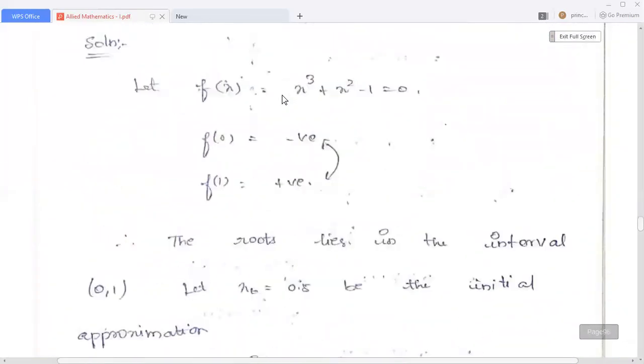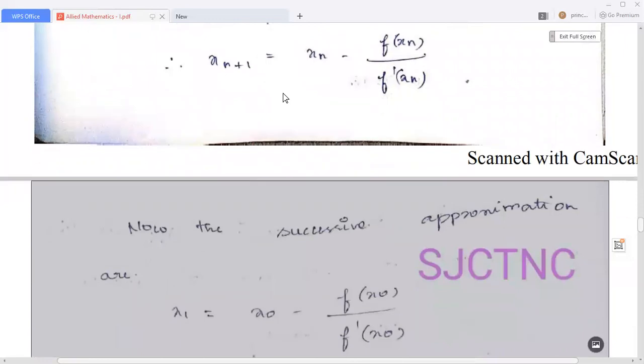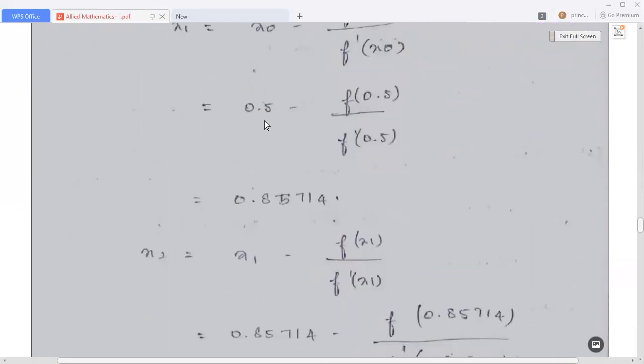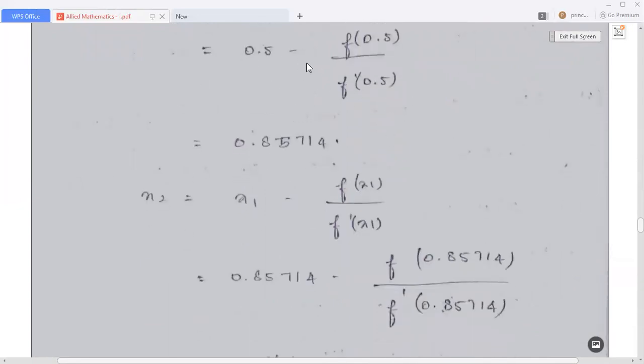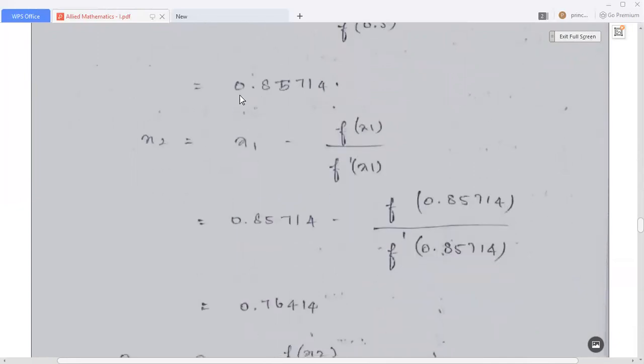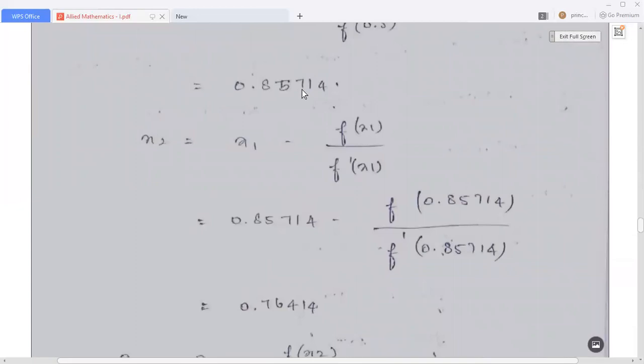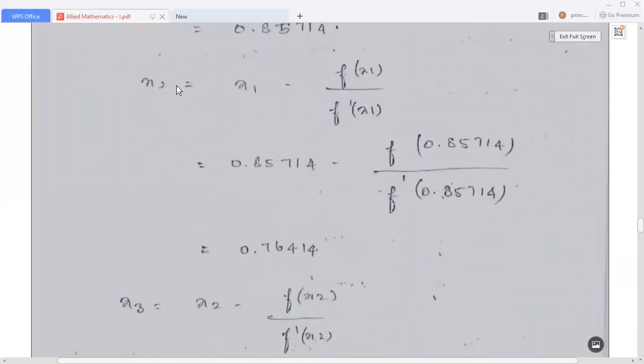Here x0 is 0.5 and that value is to be substituted in f of x and f dash of x. So x1 equal to 0.5 minus f of 0.5 by f dash of 0.5. When you calculate these values, we get x1 is equal to 0.85714.